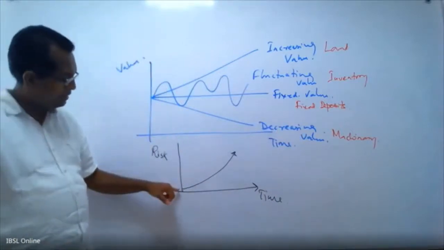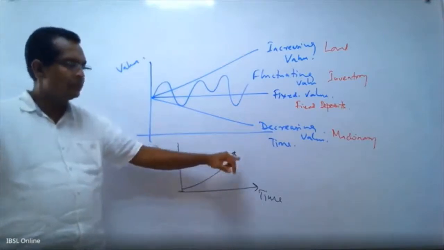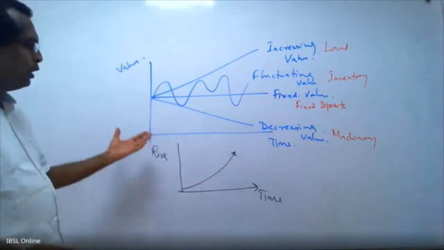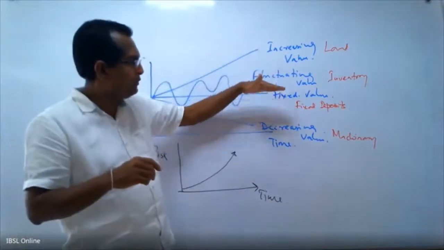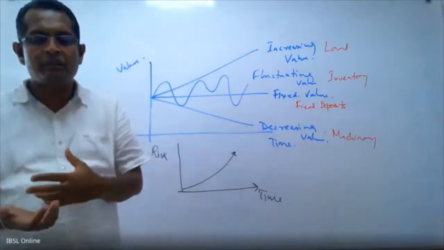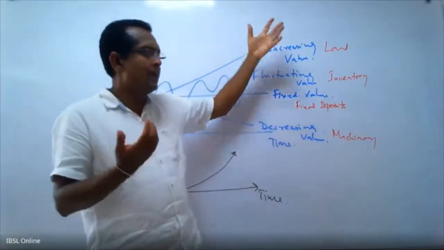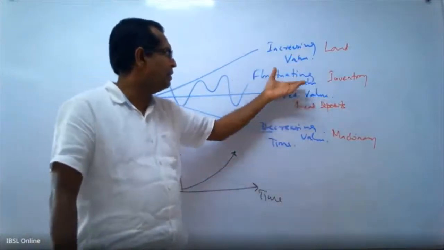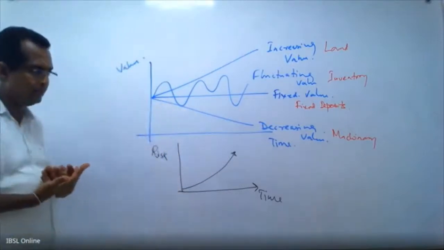That's why the risk is low at the beginning and then it increases. So, based on the risk type of the facility you grant, you decide which kind of security you need. You can have a combination of securities, increasing value and decreasing value, like land and building plus machinery, or land and building plus inventory. Like that, you can have combinations.